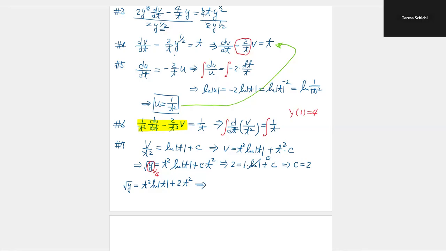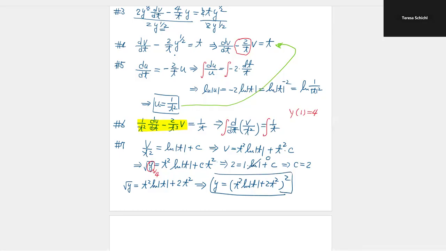Then finally, if you want, y is equal to (t squared natural log t plus 2 t squared) squared.